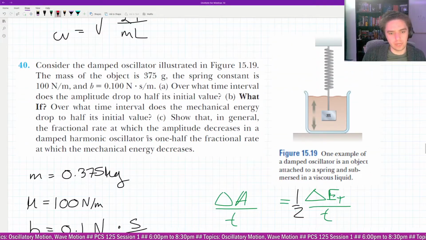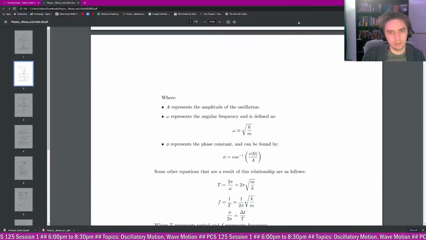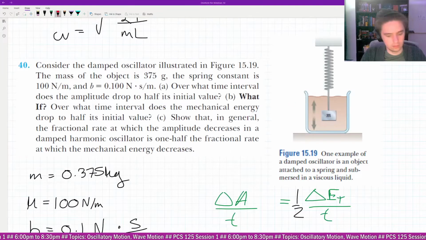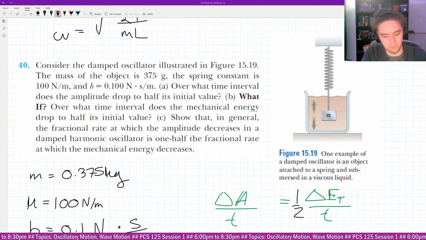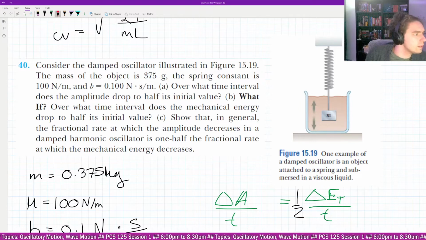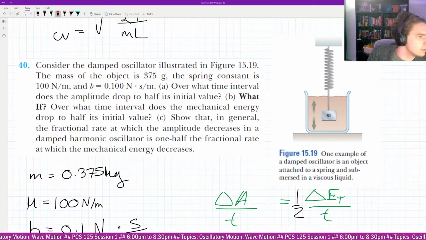the fractional rate at which the amplitude decreases in a damped harmonic oscillator is. Let's look up what fractional rate is. Oh, this biology is what it gave me here.